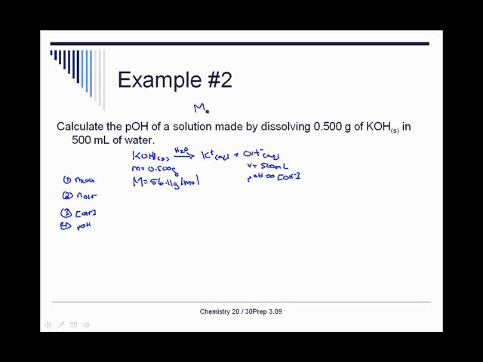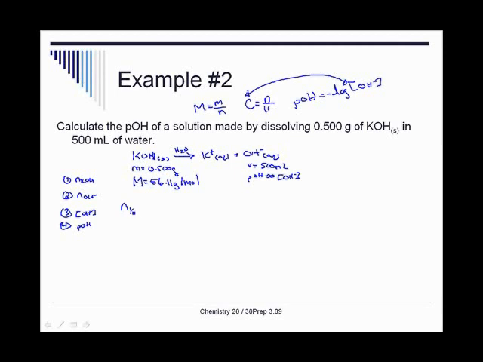The formulas we're going to need are our molar mass formula, which is mass over moles, our concentration formula, n over V, and our pOH formula, the negative log of the concentration of OH. The only real trick here is to remember that concentration and square brackets mean the same thing. So the concentration of hydroxide can be represented by a couple of different symbols. Okay, so let's get started.